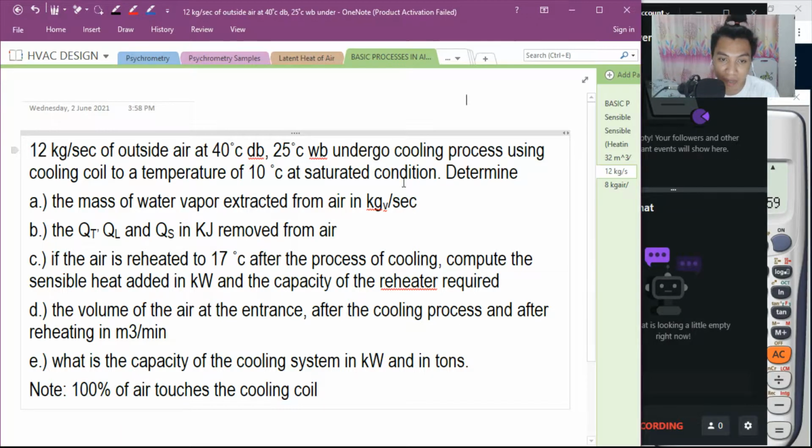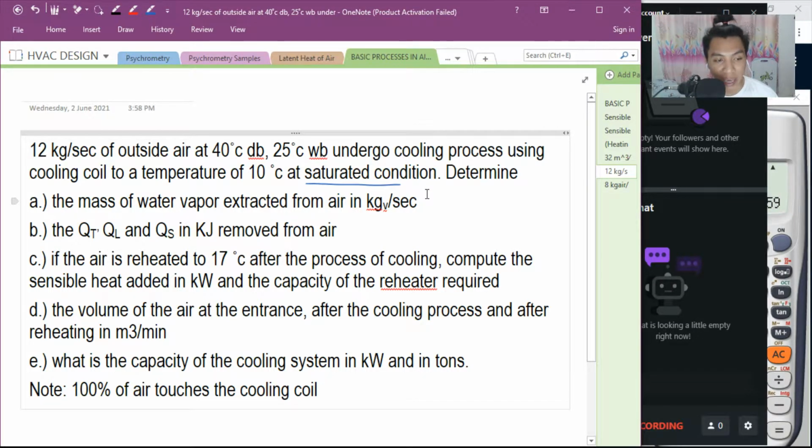Why saturated condition? When we say saturated condition, your RH will be 100%, and the wet bulb and dew point are the same as the dry bulb. Determine, A, the mass of water vapor extracted from the air in kilograms vapor per second. B, QT, the total heat, the latent heat, and the sensible heat in kilojoules removed from the air.